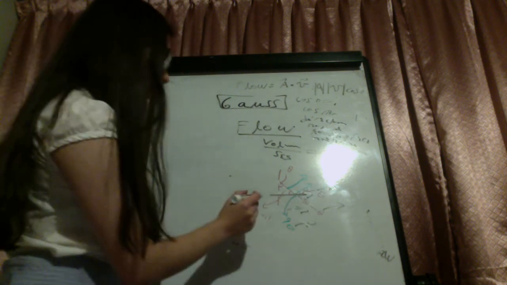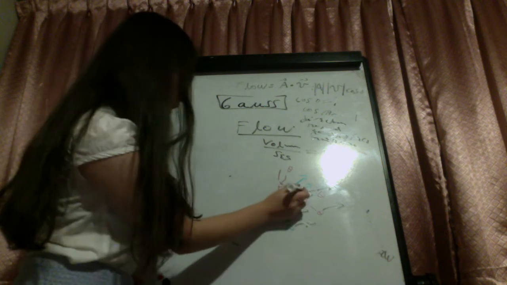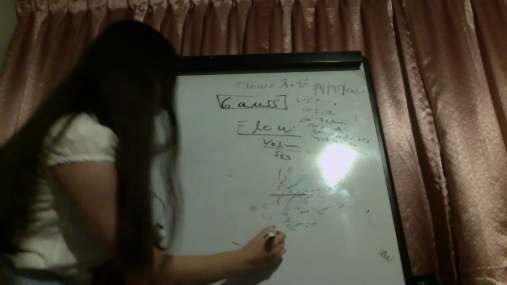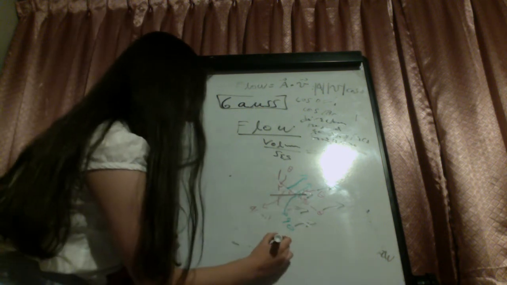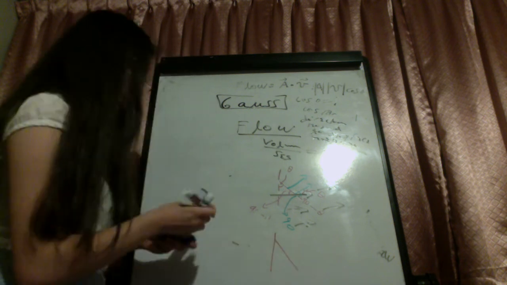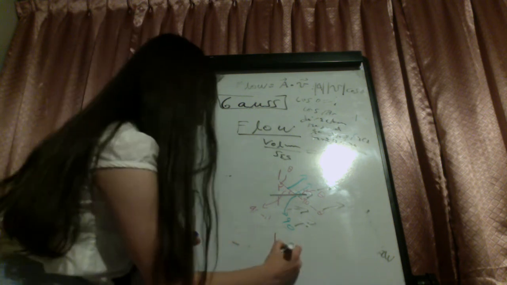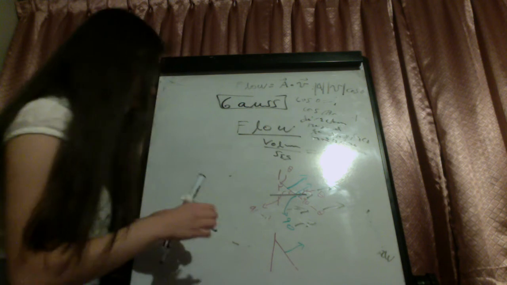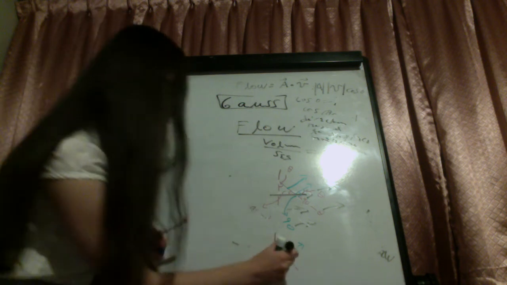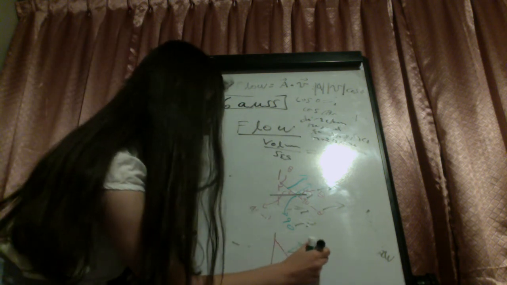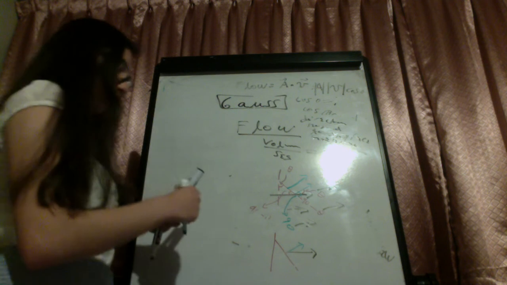And so I have that this, if I put it again clean, this is the surface, this is the normal vector, and this is the flow direction of the fluid.